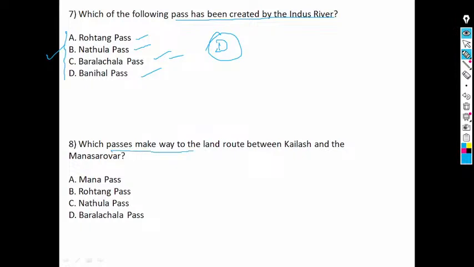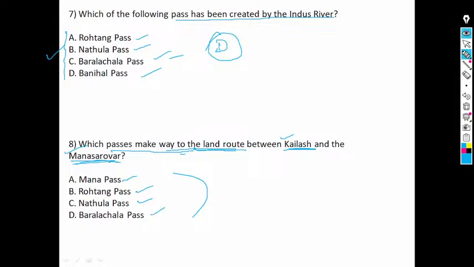Which pass makes the way to the land route between Kailas and Mansarovar? Manna Pass, Rohtang, Nathula, Ballachala.